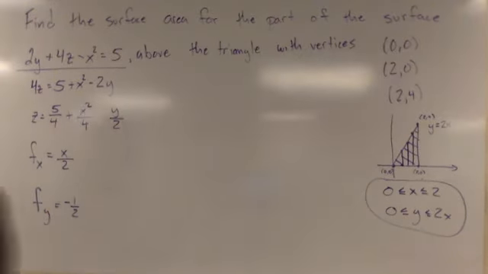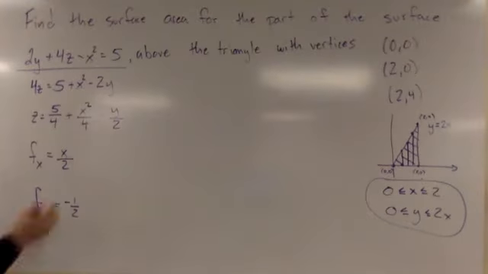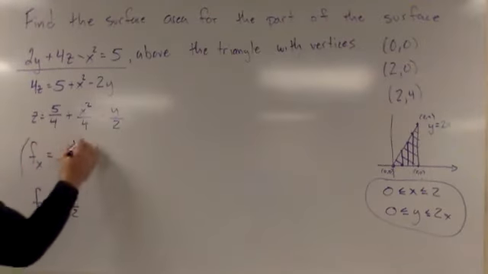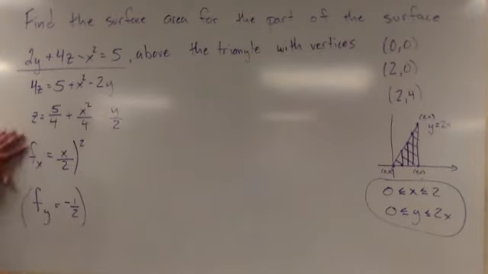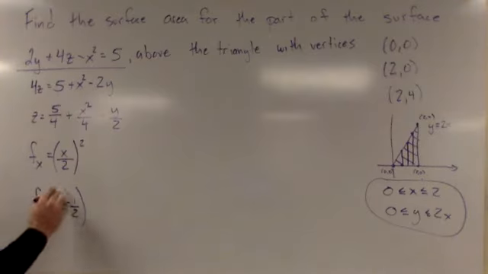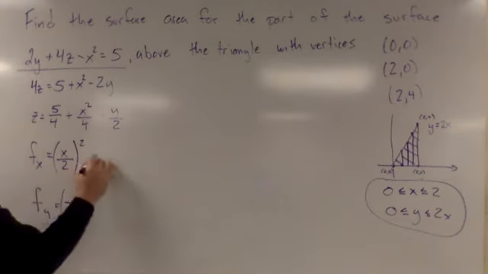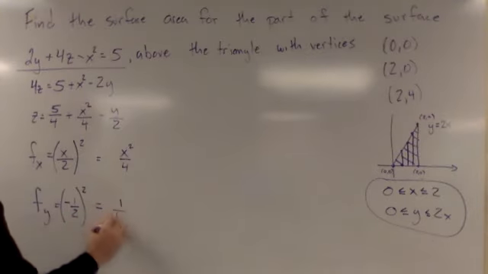The next thing I'm going to do: those values, when I plug them into my equation, have to be squared. So I'm going to go ahead and square them right now. That's going to give me x squared over 4, and then that's just going to be 1/4.